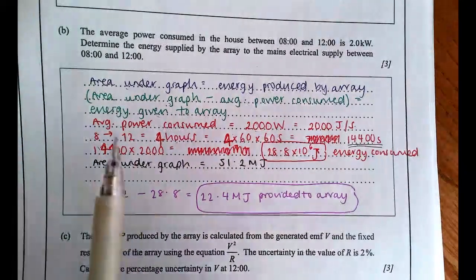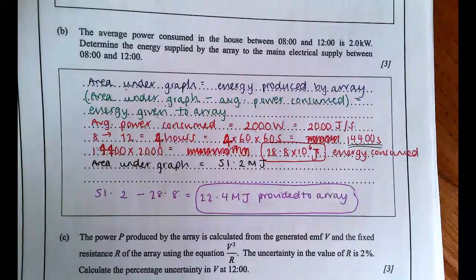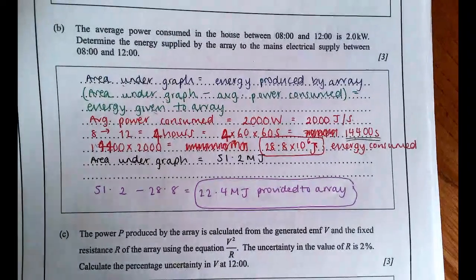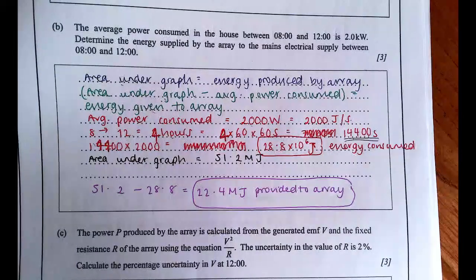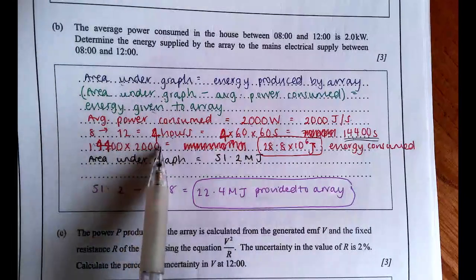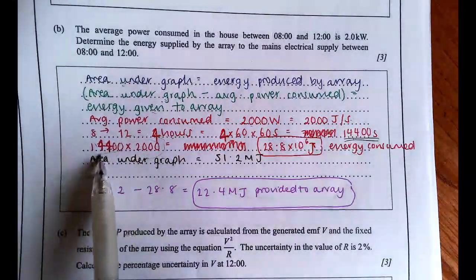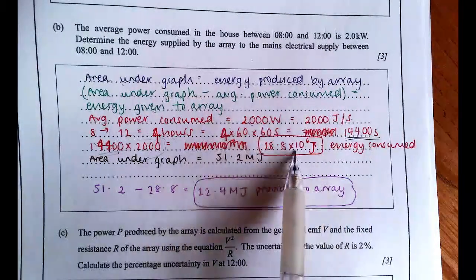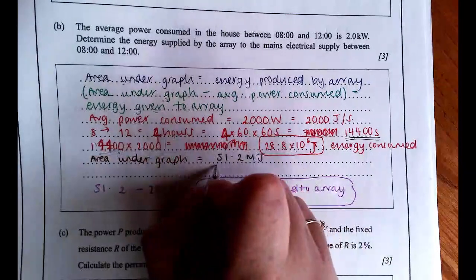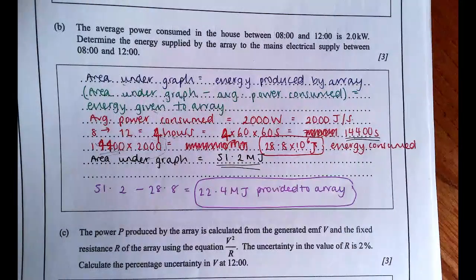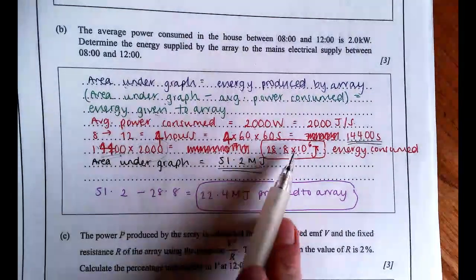If we multiply the power by the time, we get the total energy used by the house. So we've taken that average of 2 kilowatts and multiplied it by the 4 hours in seconds. This is how much energy was needed by the house. Remember, the energy produced by the array is obviously a lot more than what the house needs.